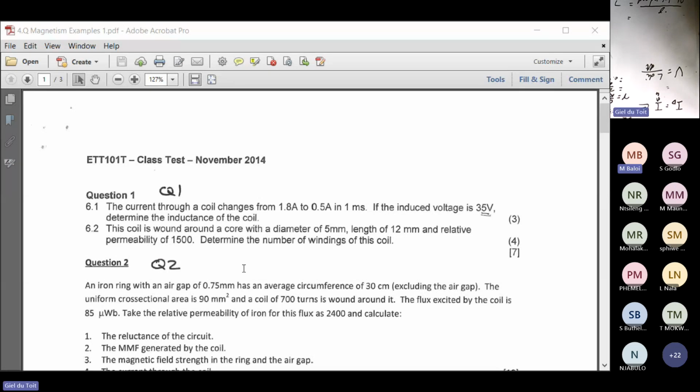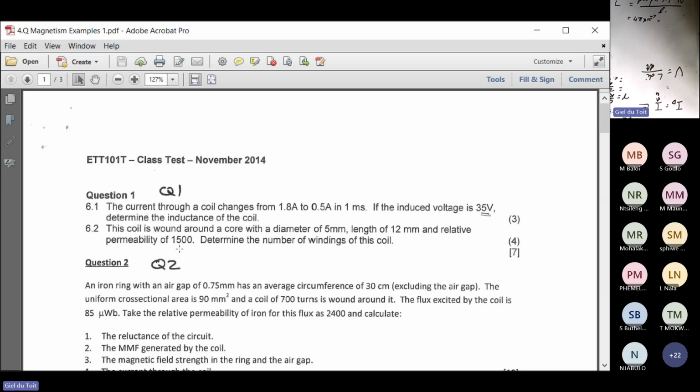It is 4 pi times 10 to the minus 7. Mu r, what is mu r? Who can tell me? 1,500.